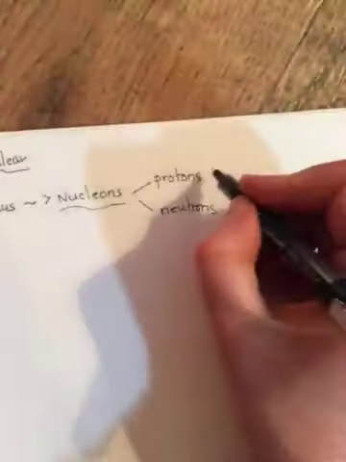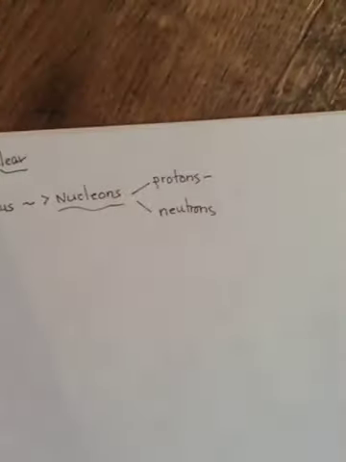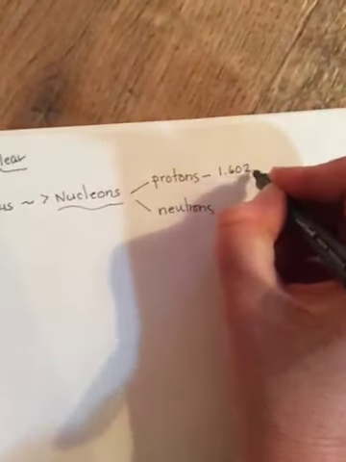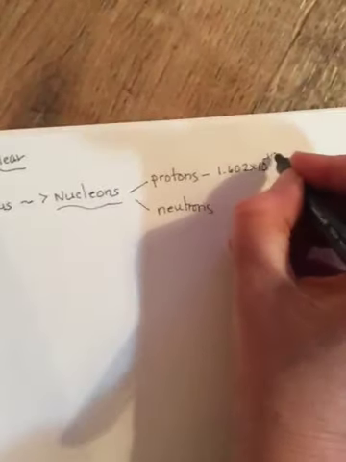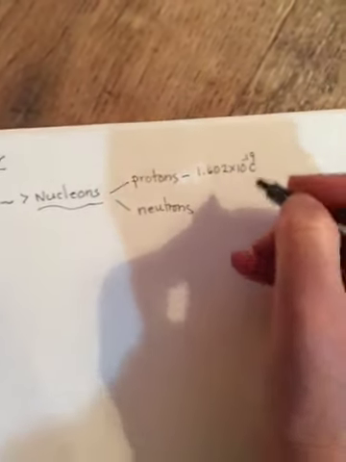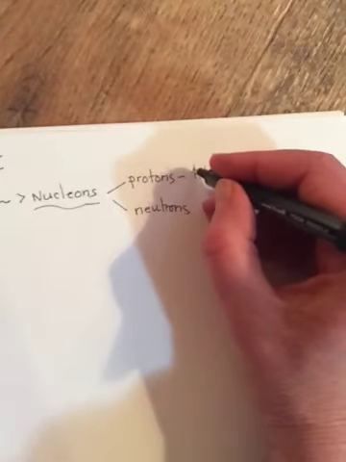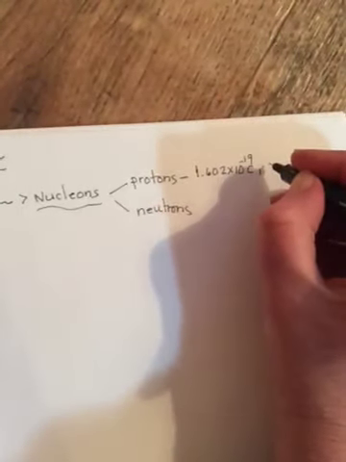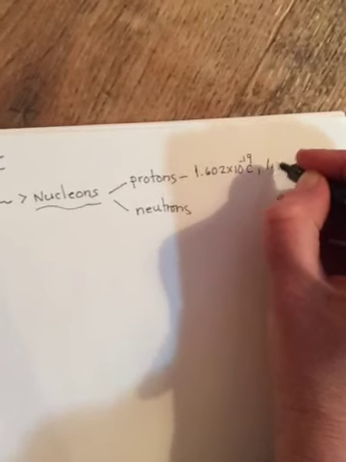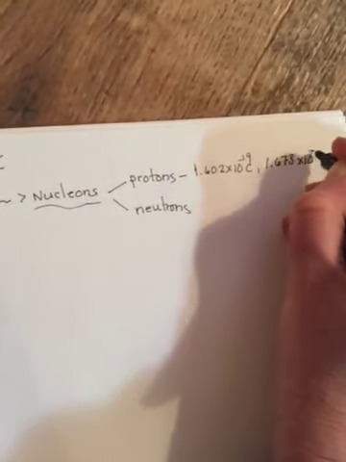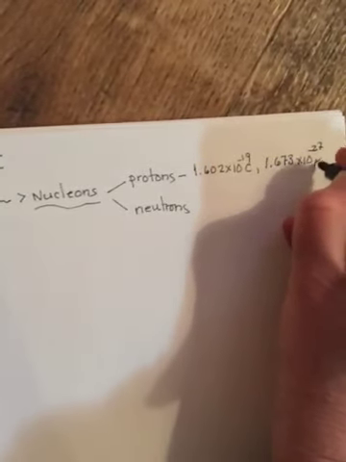So the protons are the positive elementary charge, so their charge is 1.602 times 10 to the negative 19 coulombs, just like an electron's, except that theirs is positive and electrons are negative. And protons have a mass of 1.673 times 10 to the negative 27 kilograms.